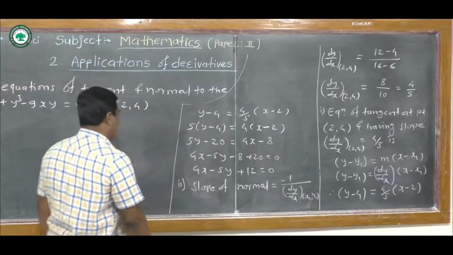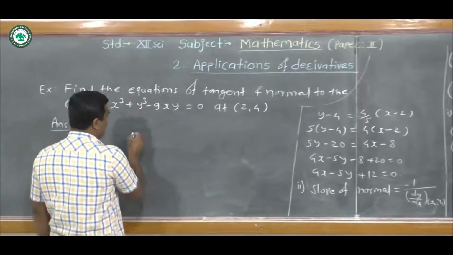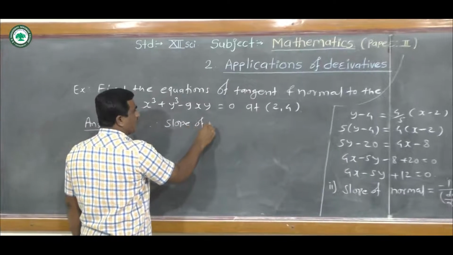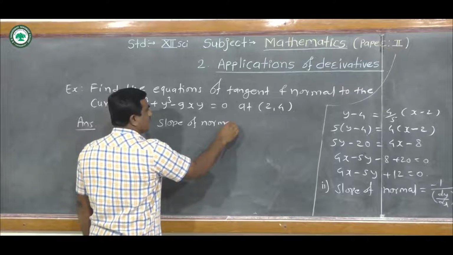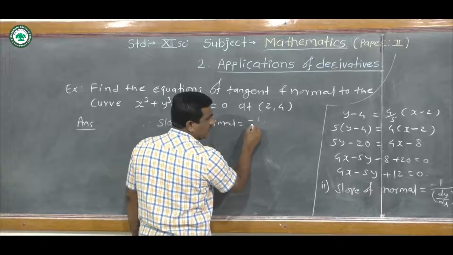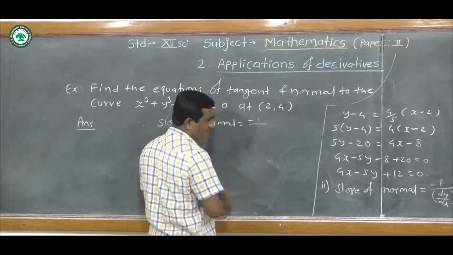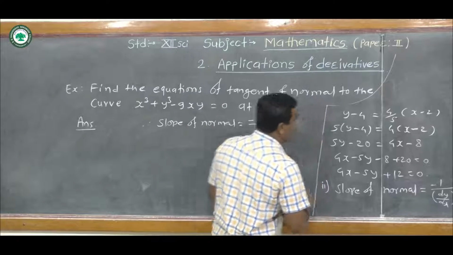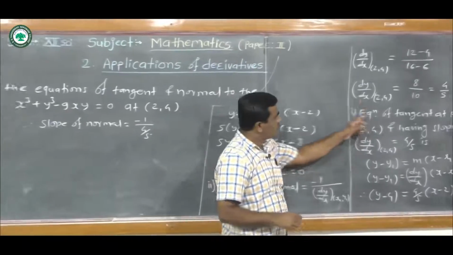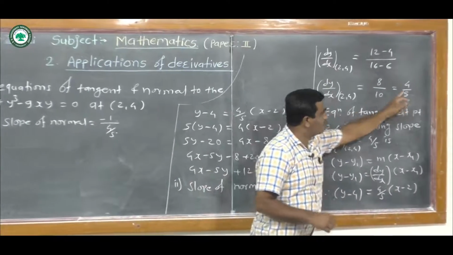Okay, therefore slope of normal is equal to minus 1 upon slope of tangent dy by dx is 4 by 5. This is slope of tangent dy by dx 4 by 5.